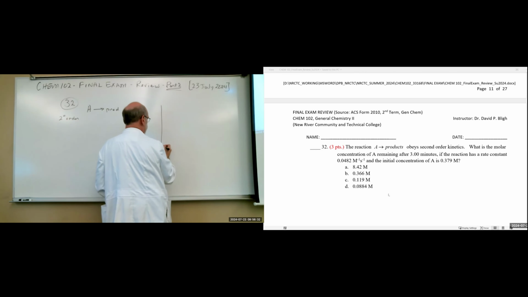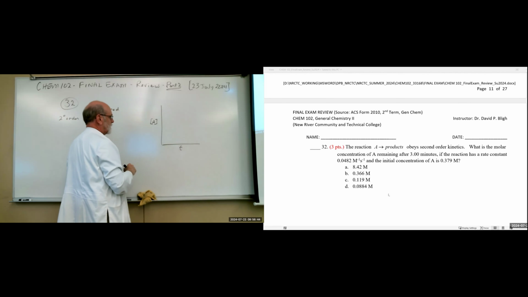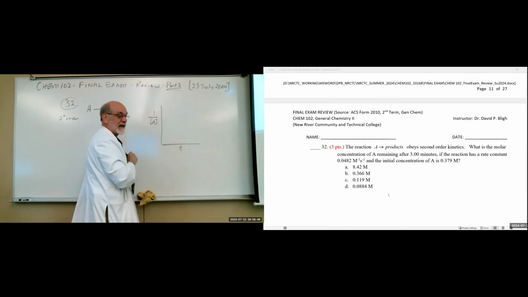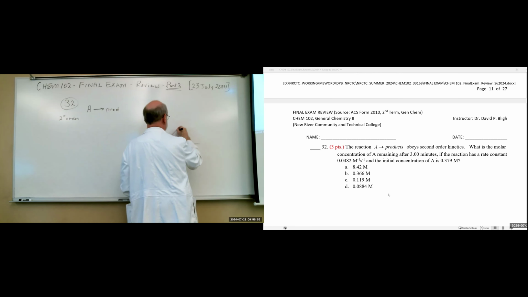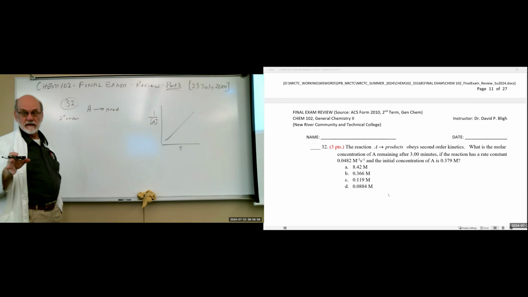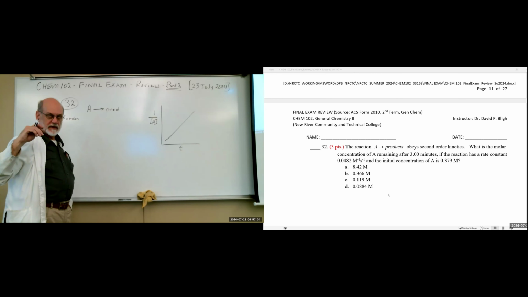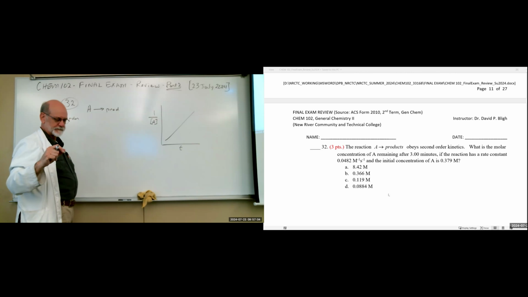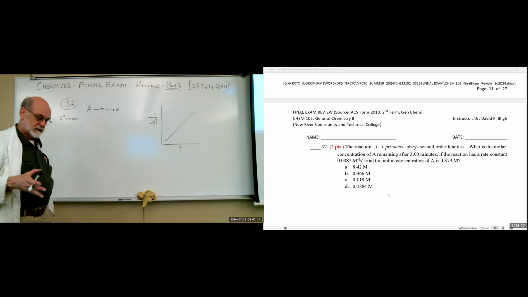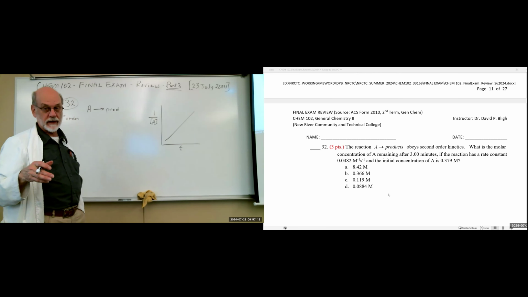Remember, if we graph concentration of A against time, and it obeys second order kinetics, then the inverse of the concentration gives us a straight line. What we want is not the differential equation but the integrated rate law.